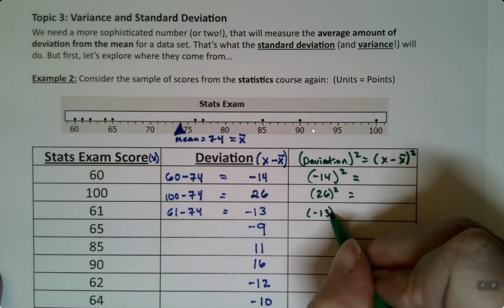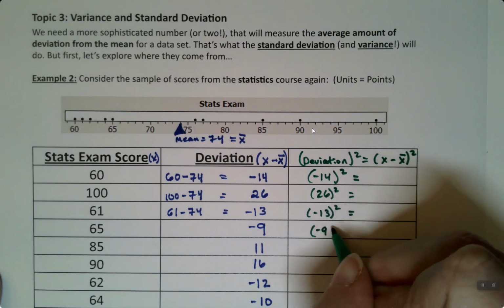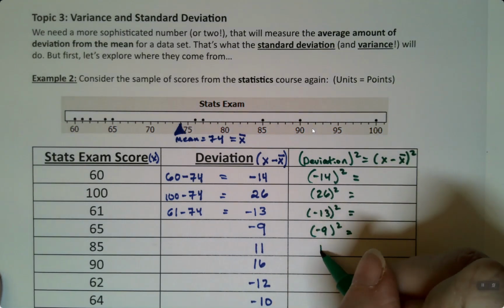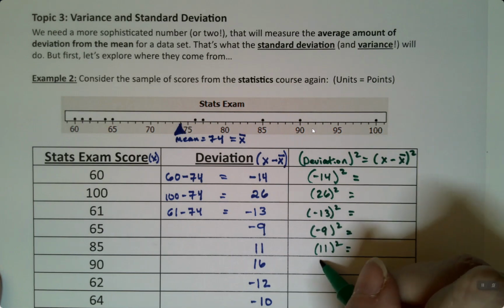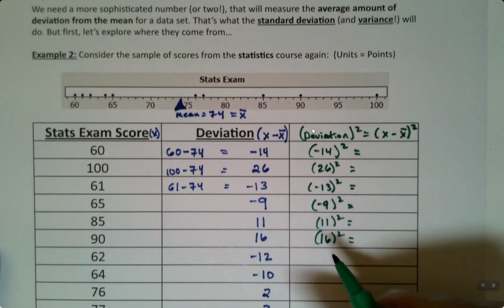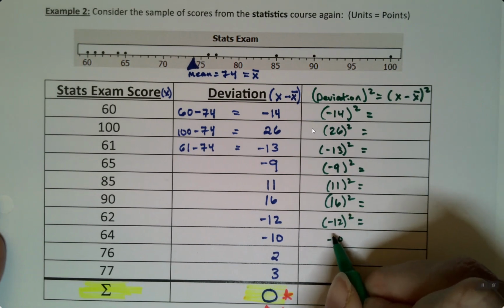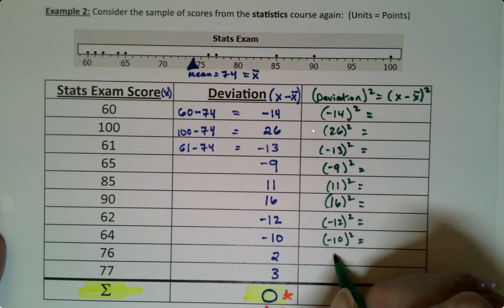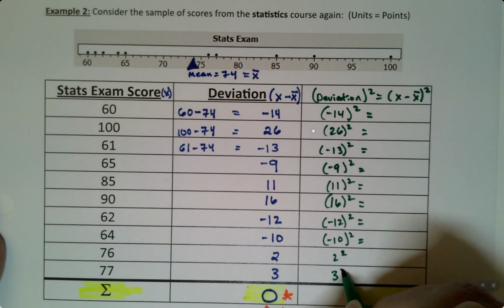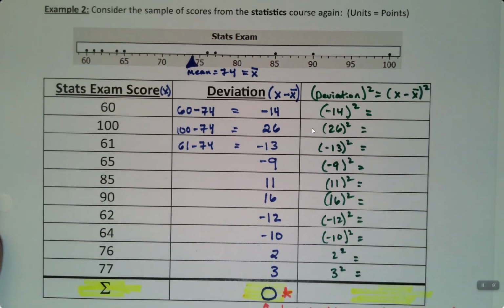Negative 13 squared, negative 9 squared, and so on. You're going to square all these numbers. Well, I'm this far into it, I might as well keep going. You don't technically have to show all of this. But again, if you have a professor that wants you to do this, this is how to do it.